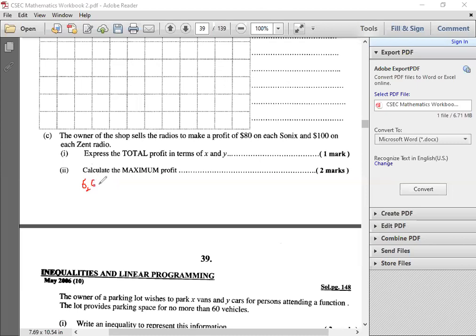6 and hold on, 10.5, 11. 6 and 11.5. No, I don't think it's 11.5. Wait, hold on.